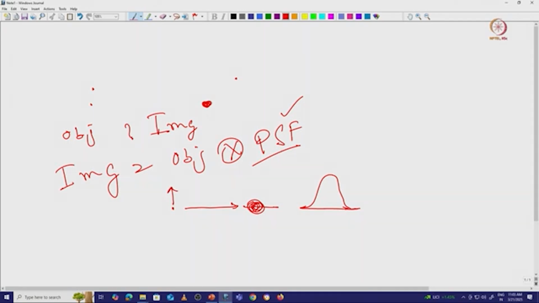But here what we can see is, if we want to image a dot, we will always get a disk kind of thing. That is called the Airy disk.